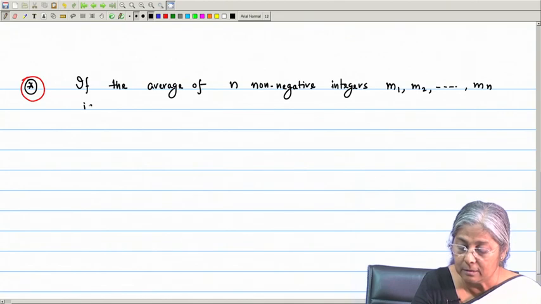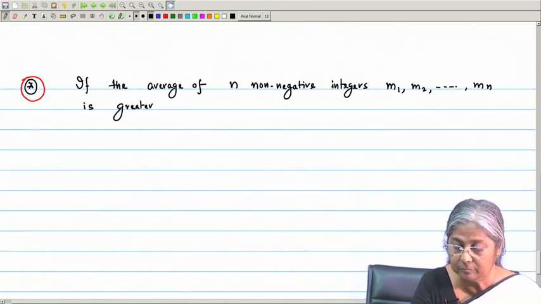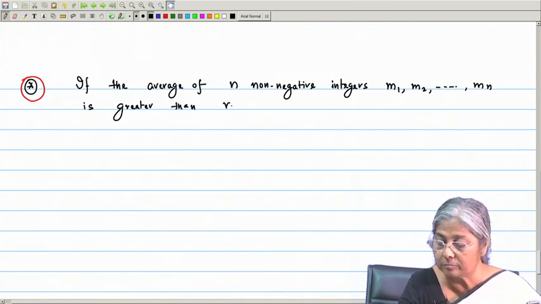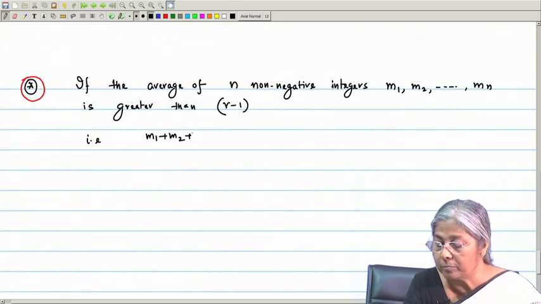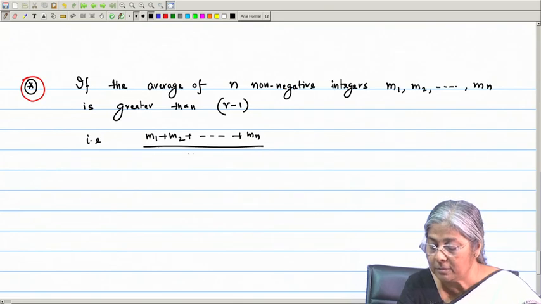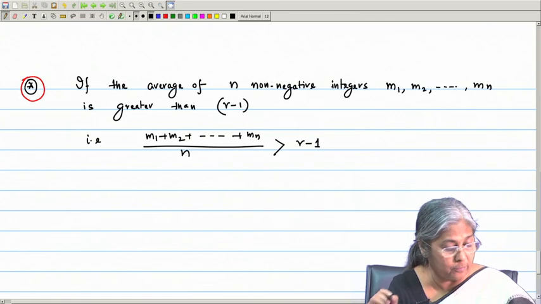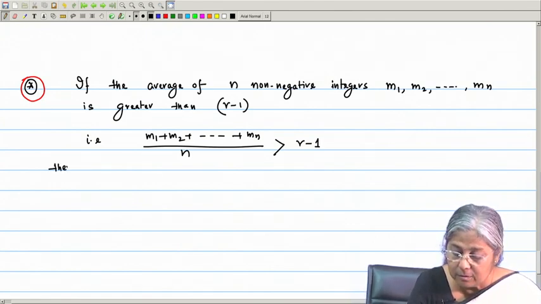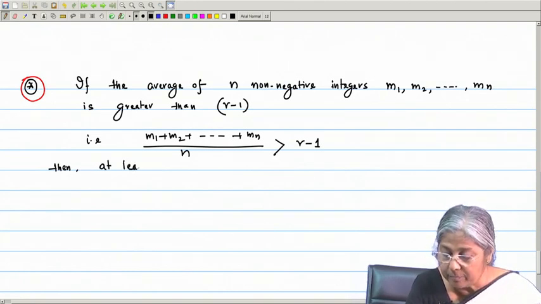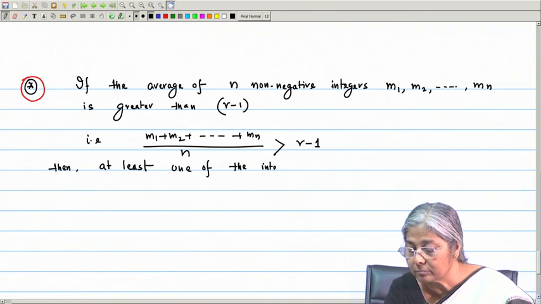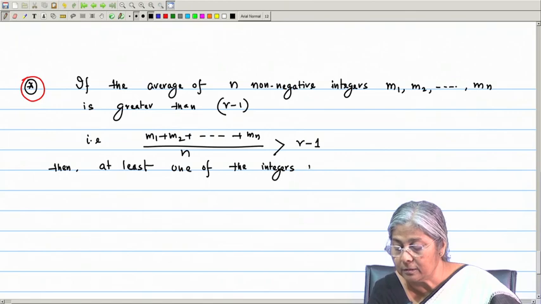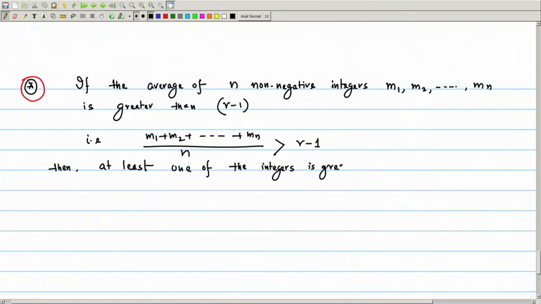If the average, that is m1 plus m2 plus mn divided by n, is greater than r minus 1, then at least one of the integers is greater than or equal to r.